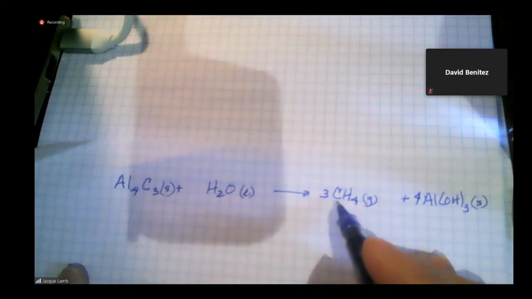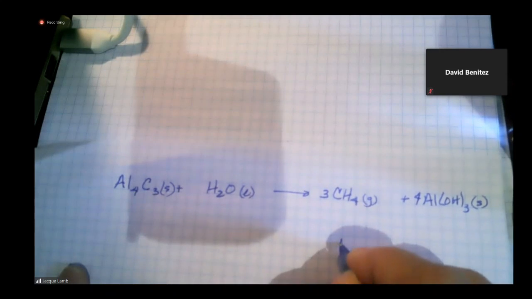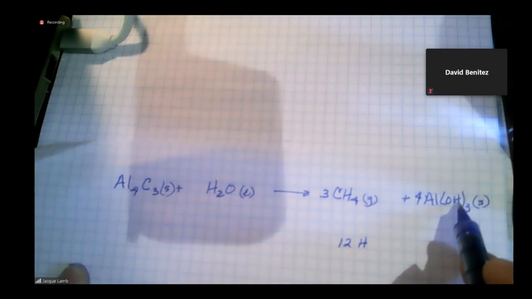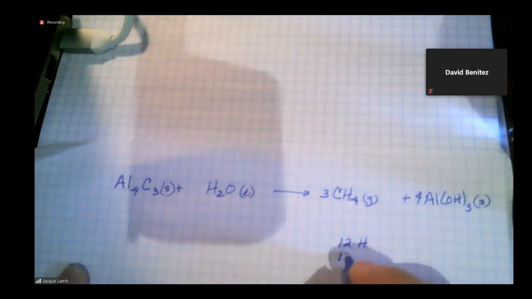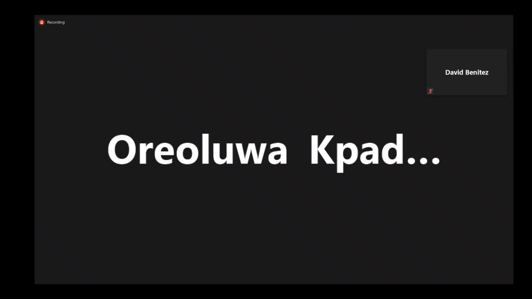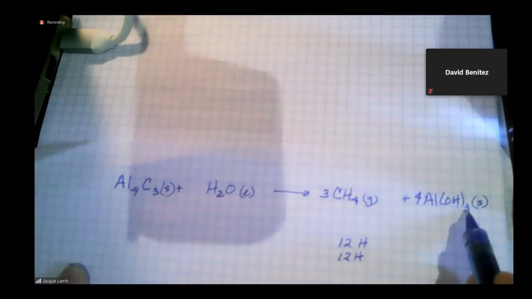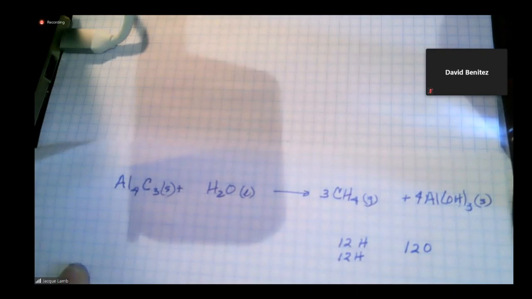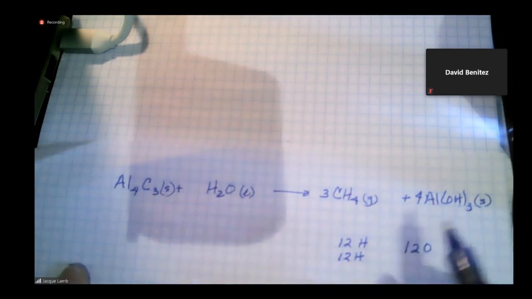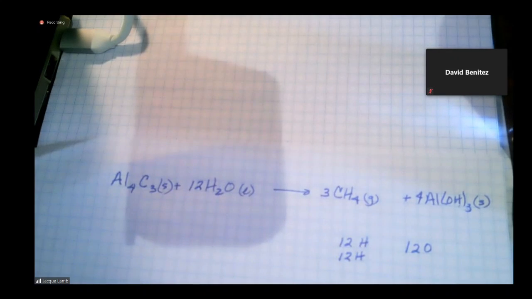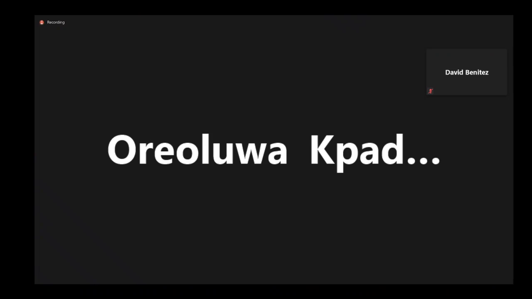So we have 3 times 4, so we have 12 hydrogens here, and we have 3 times 4, 12 hydrogens there. Because there's 3 hydroxides, so 3 H's plus 4. You also have 3 O, and you have 12 oxygens. So that ratio is 2 to 1, so you have 12 water. Yeah, that's what I got.